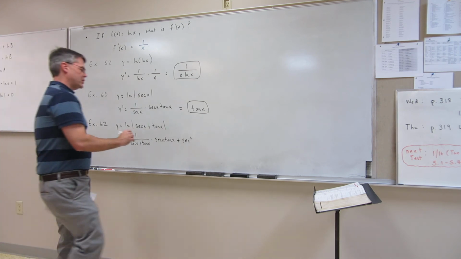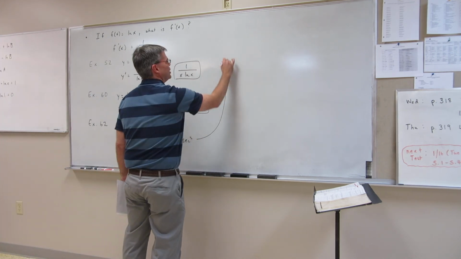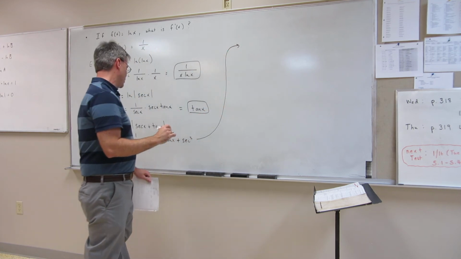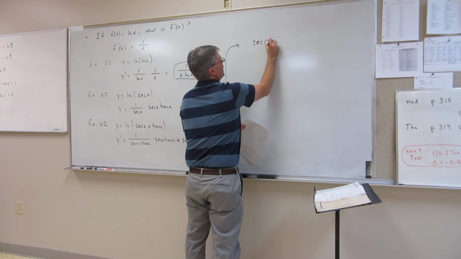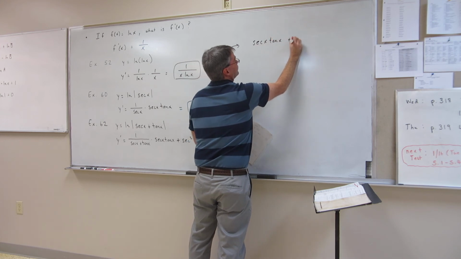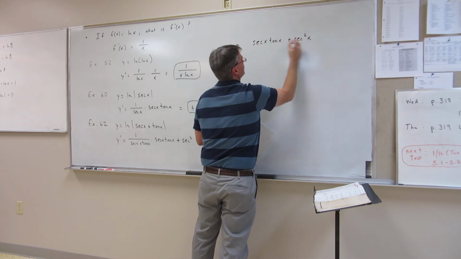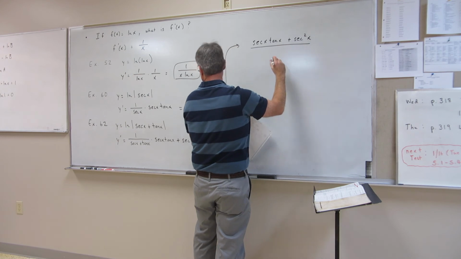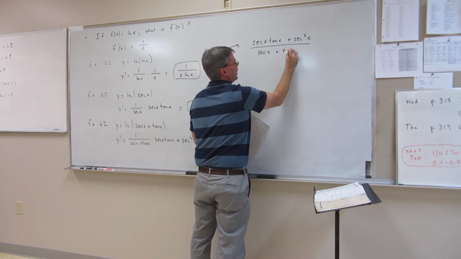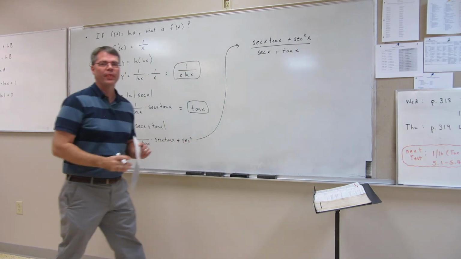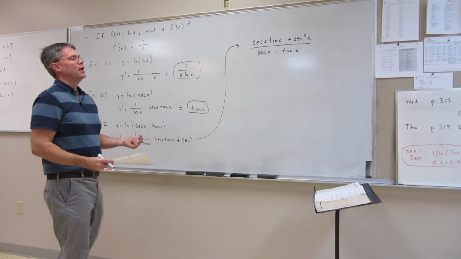All right, so let's simplify this up here on this side of the board. So we're going to have secant x tangent x plus secant squared x all over secant x plus tangent x. So I can simplify that a little bit.